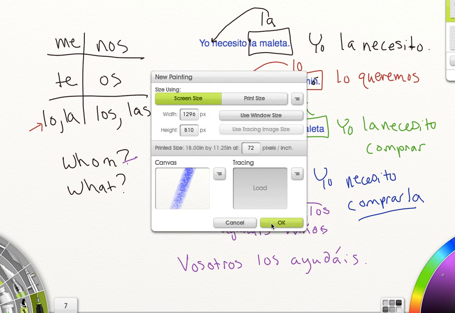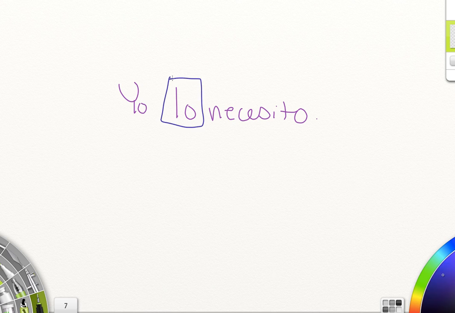So, for example, if it said, lo necesito, or yo lo necesito, and you have to figure out what could lo be, look in your vocabulary and find anything that is singular and masculine. For example, in my example earlier, el camión could be something that I need. I could also need el almuerzo.